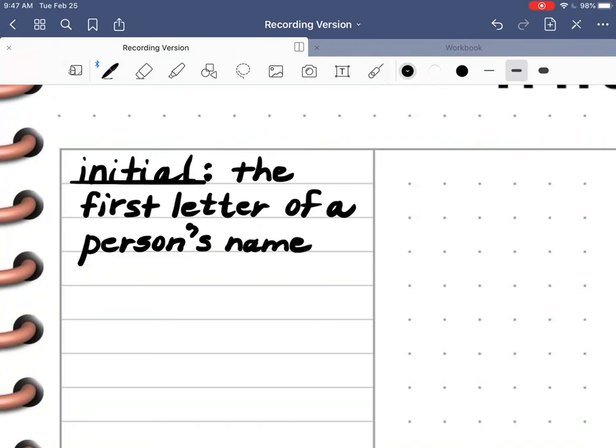So an initial is the first letter of a person's name. And the rule says use a period after an initial.